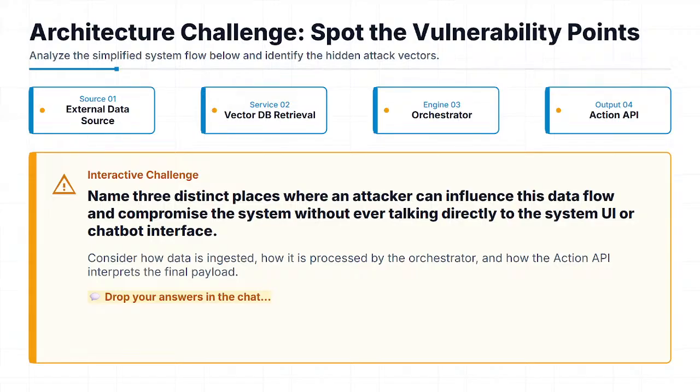An external attacker, mind you, or rather remember, the context I am working with, the scenario I built, is that a user is interacting with a customer support application, which means in this context, an attacker is posing as a user. So it is at these three distinct places that the attacker can influence the data flow and compromise the system without ever talking directly to the system UI or the chatbot's interface.